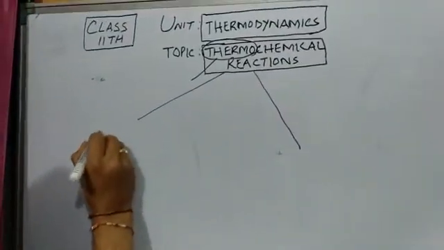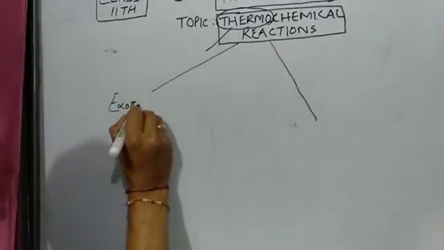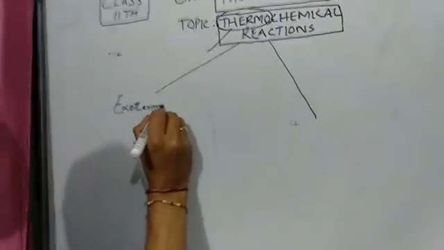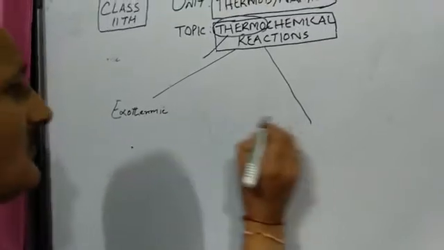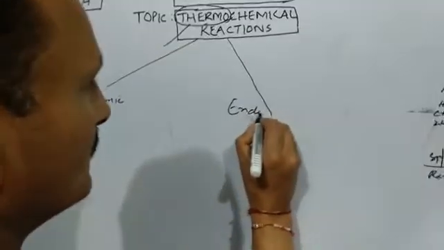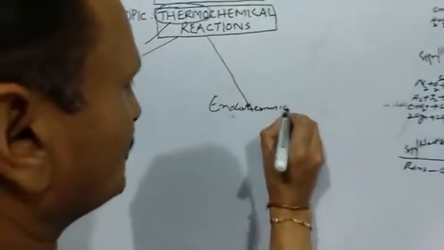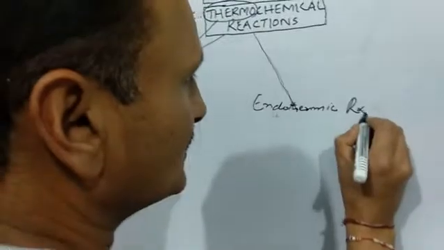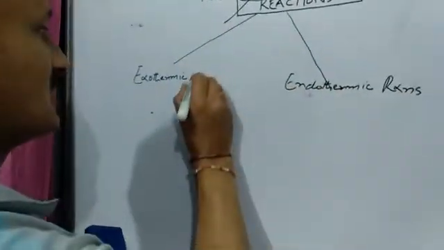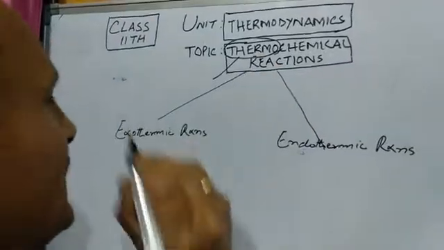One type is exothermic reaction, and another is endothermic. So what are exothermic and endothermic reactions? These are the two types of thermochemical reactions.